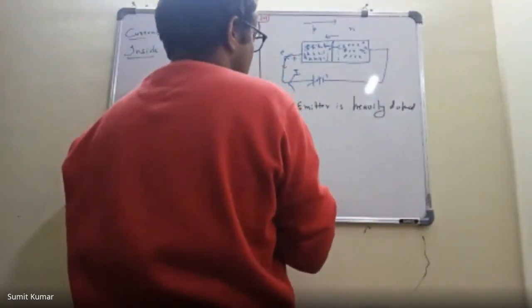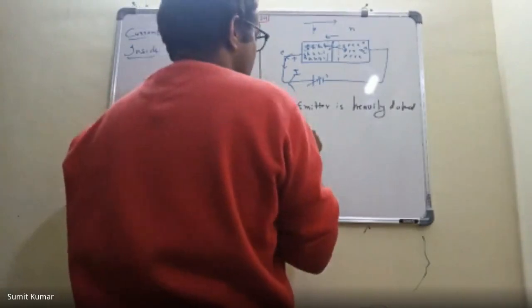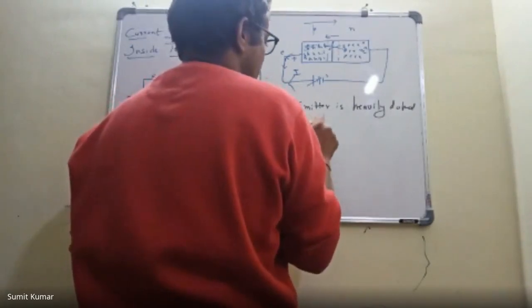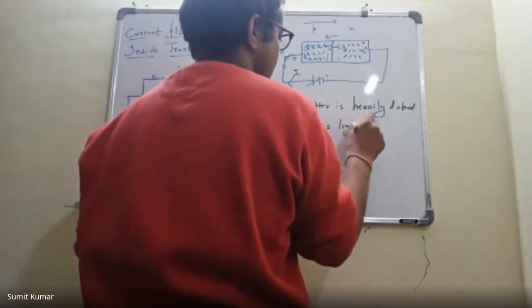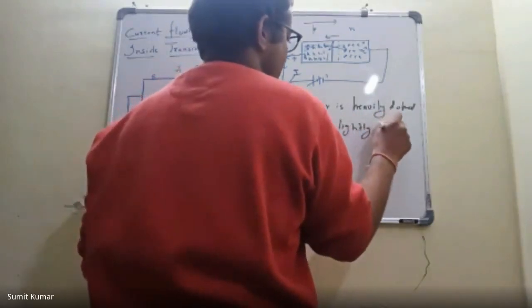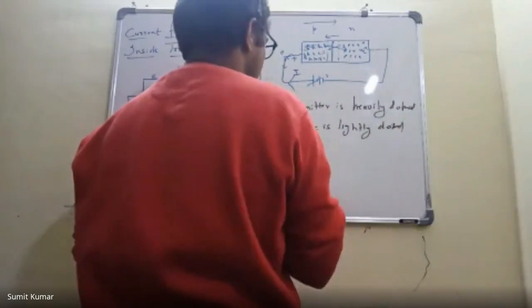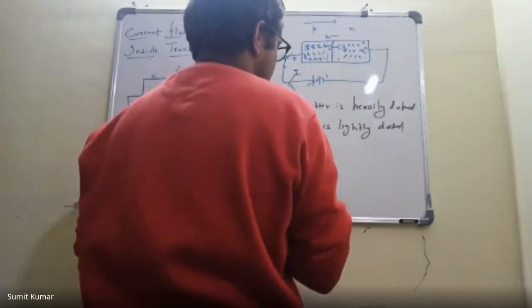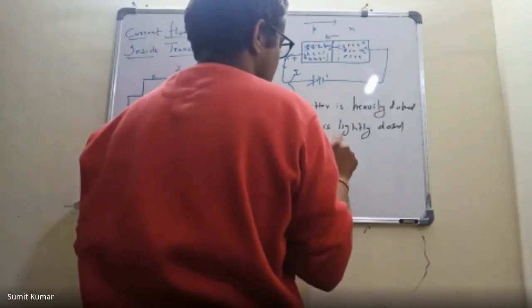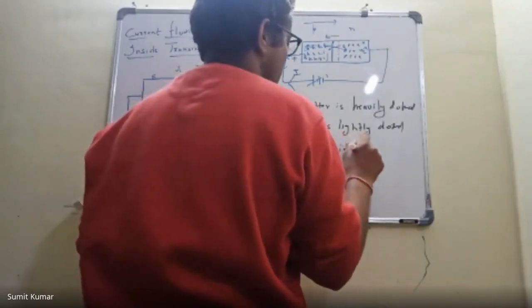Number two, base is lightly doped. And number three, base region is very thin.